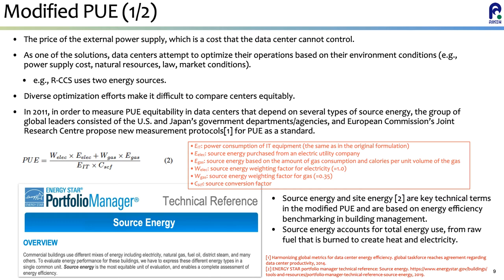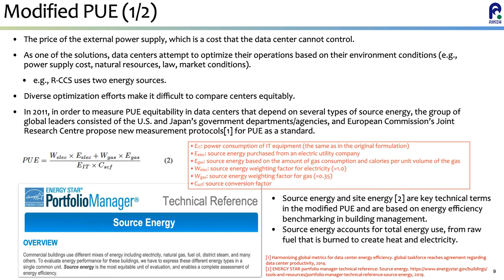We understand the protocols as a standard and use them in this study. In the protocols, source energy frequently appears. I believe that source energy and site energy are key technical terms to understand the concept of the modified PUE.